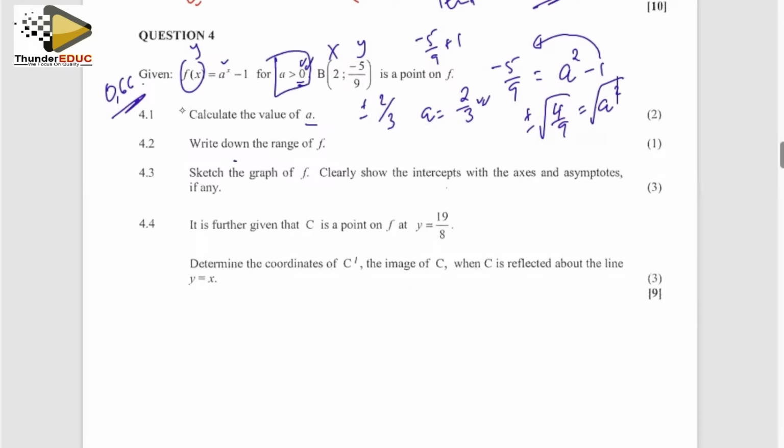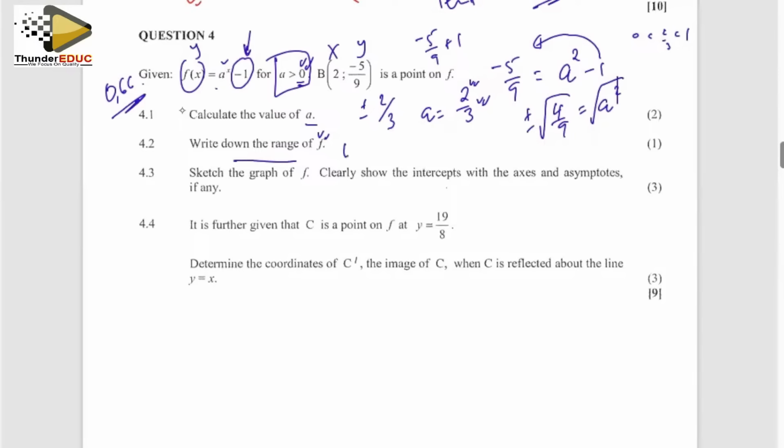Then they want us to give the range. The range of an exponential is dependent on the asymptote. Since this graph is greater than 0, but the a value is between 0 and 1, it means it's a decreasing function.